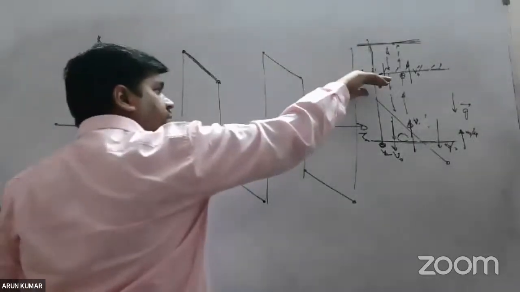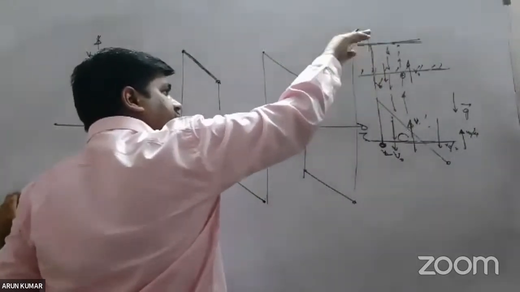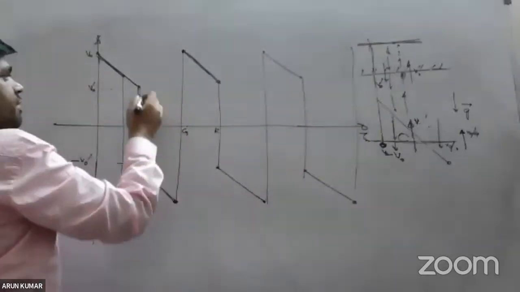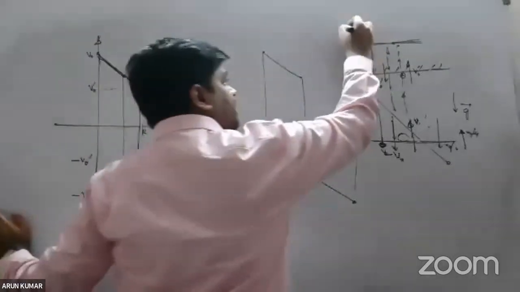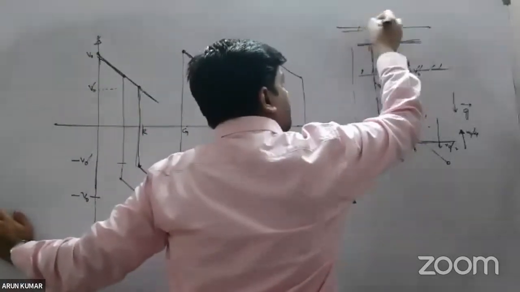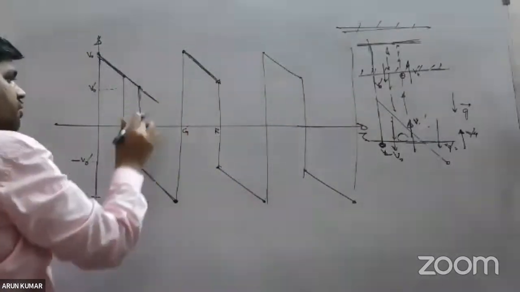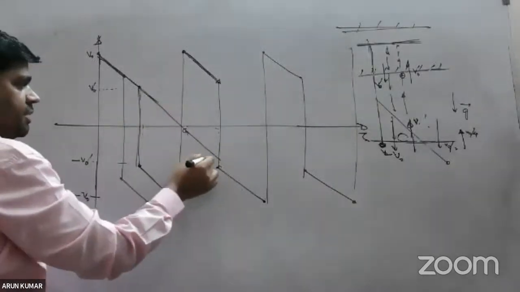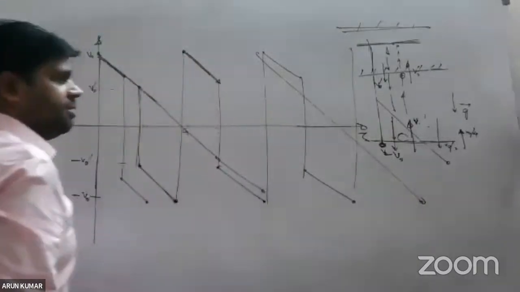If I move this further away from ground, the graph will extend. If this roof is above this level, there will be no collision with the roof. So this collision will vanish, collision with the roof will vanish. And this will cut the x-axis like this. Same as previous graph.